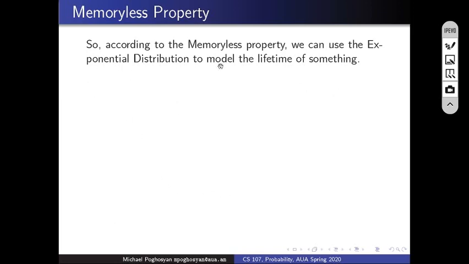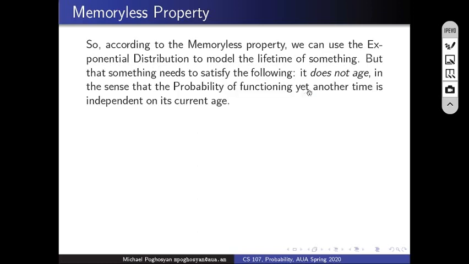Let me give another way of interpreting the memoryless property and its usage. We can use the exponential distribution to model the lifetime of some things. But we use that lifetime modeling by exponential in the following case: that something needs to satisfy the following. It does not age, in the sense that the probability of functioning yet another time is independent of its current age.